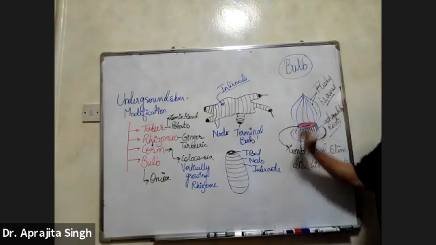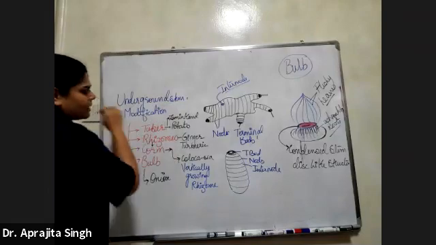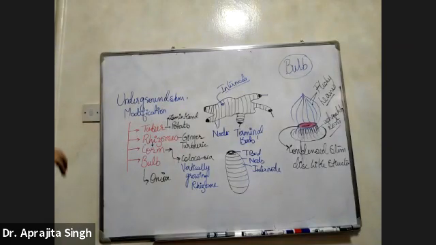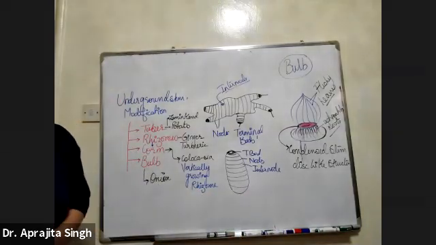Okay, now you can make all the diagrams quickly. We have finished the underground stem modification. Quickly make the diagrams and please explain them properly. This is for your future reference.